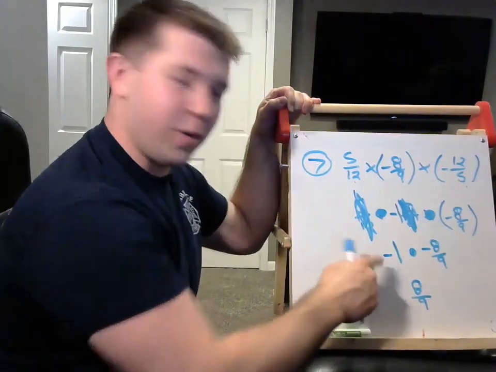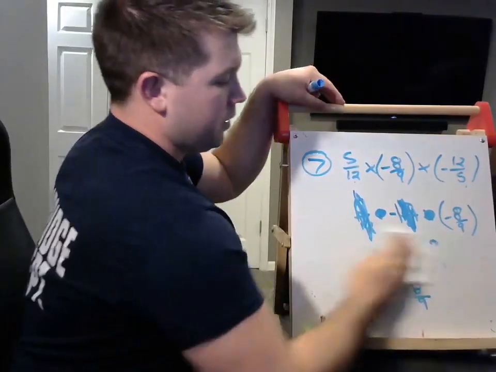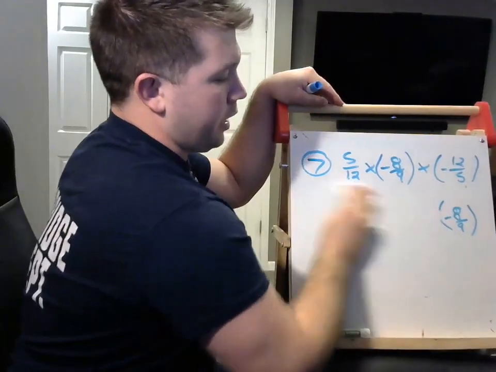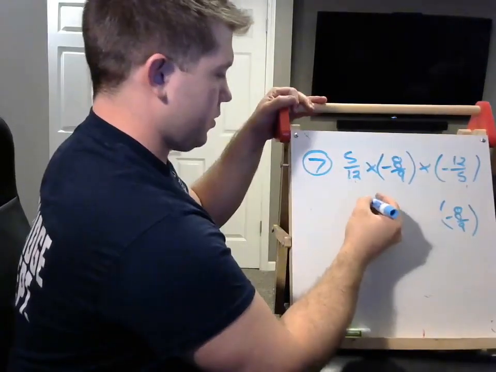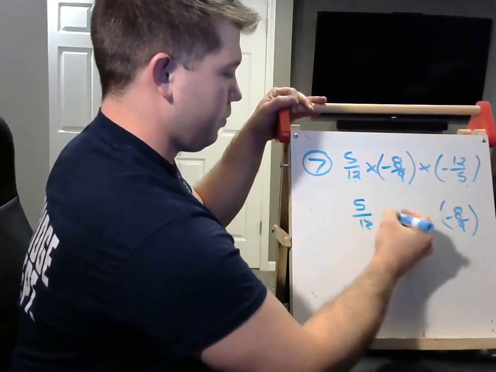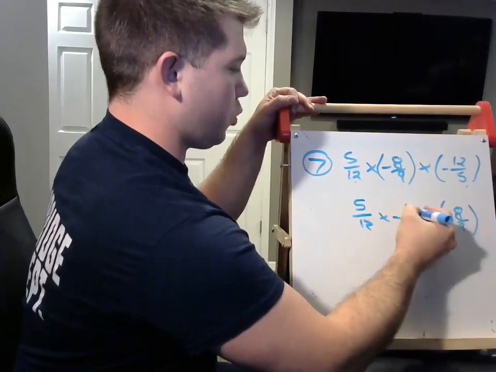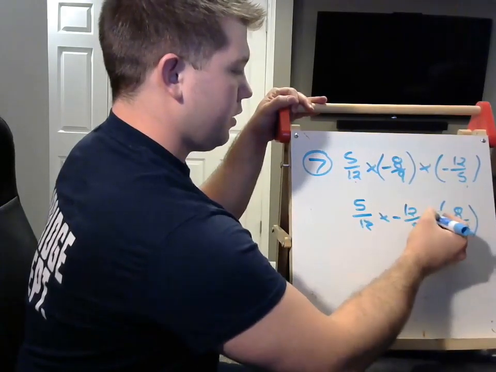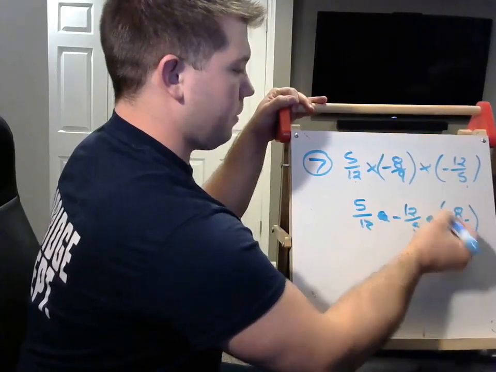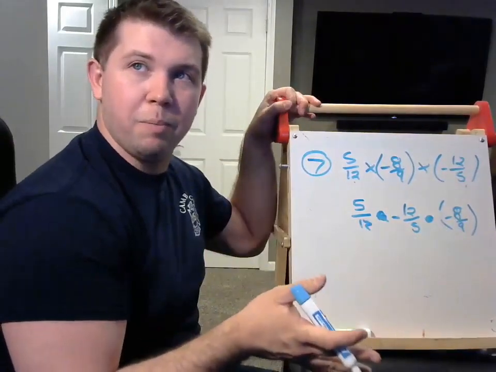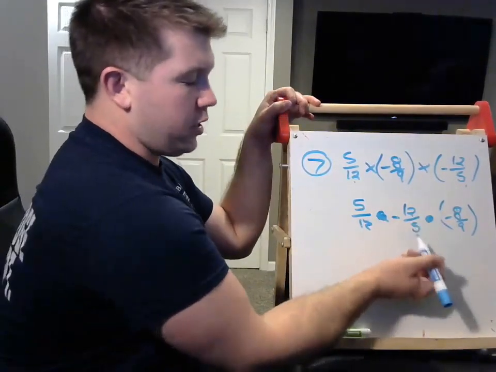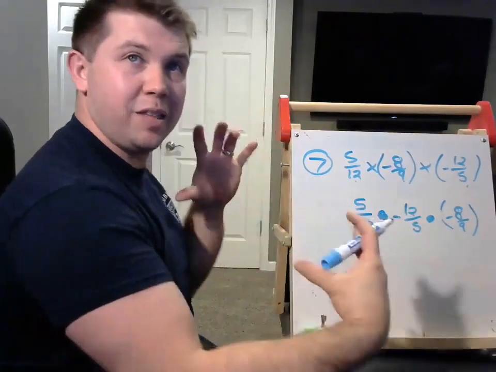Where you get the one. Which one? Oh, this one. Okay, good. All right, let's talk about it. So again, I rearranged the order here. Okay, so 5/12 times a -12/5. These are dots. There you go. So you're asking where that 1 came from. Okay, so the 1 comes from this. I'm gonna expand this even further.